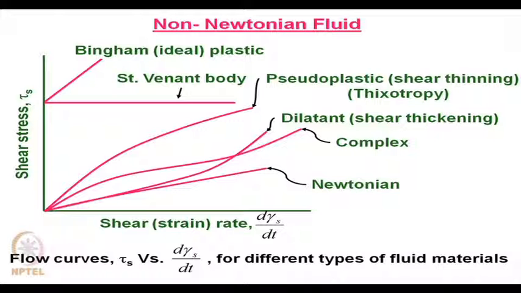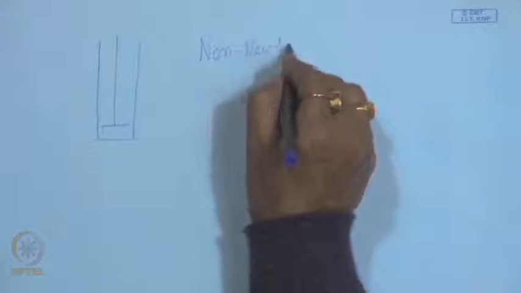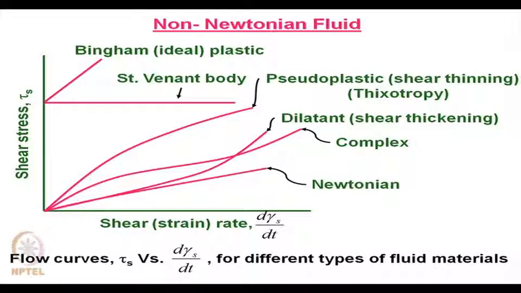Now, our polymer materials are non-Newtonian materials, or non-Newtonian fluids, and they show a peculiar behavior. If we make a plot of shear stress versus shear strain rate, consider ideal plastic bodies known as Bingham plastic bodies. What happens on application of stress?